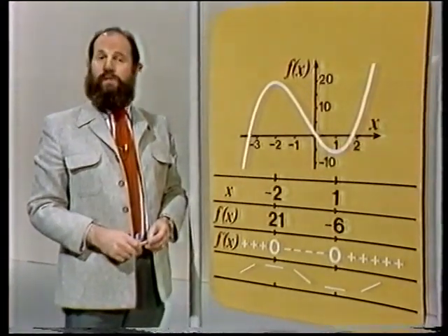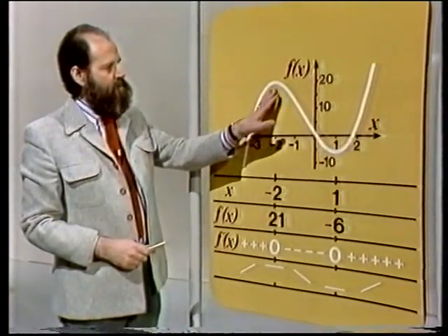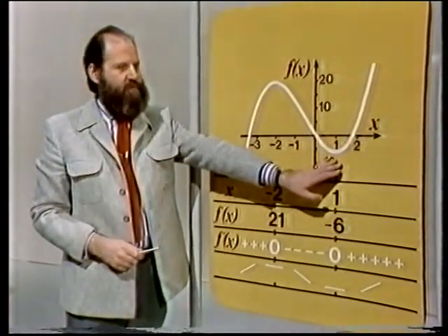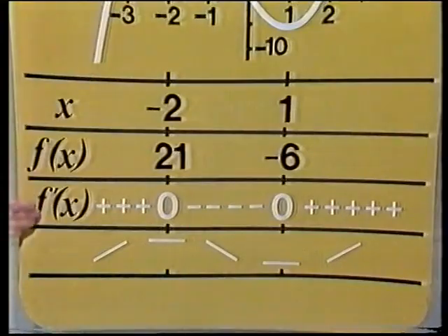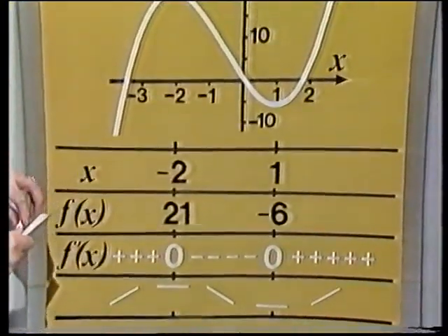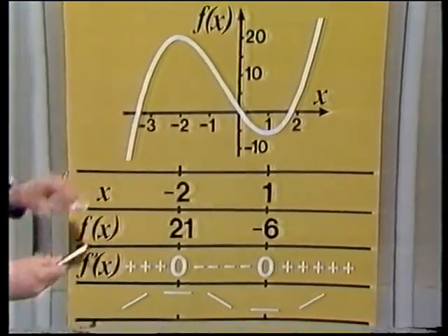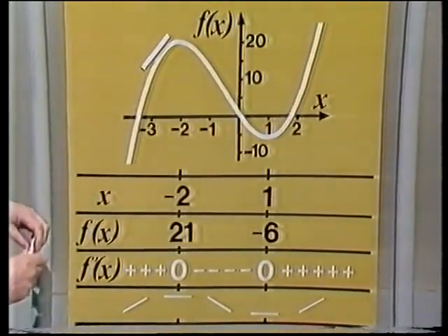Now I'd like to look at two important features of this graph. This peak and this trough. Well, how could we have predicted them just from this data? Well, let's look at what happens near -2. Just to the left of -2, the derivative is positive and the function is increasing.